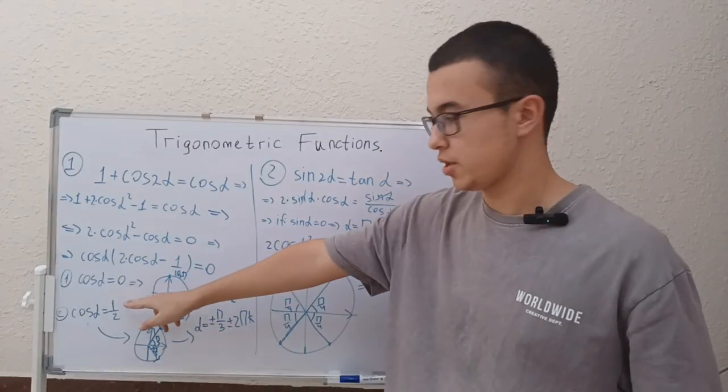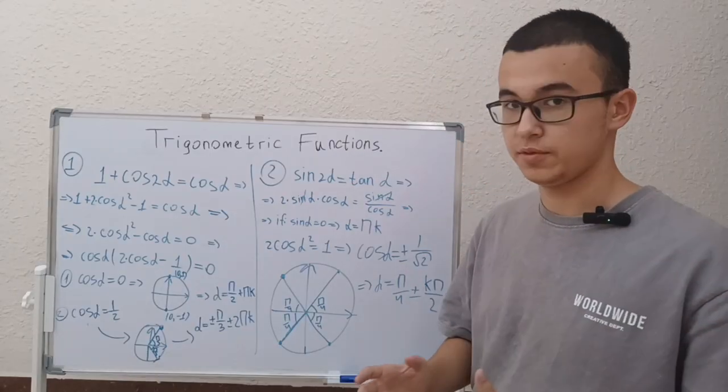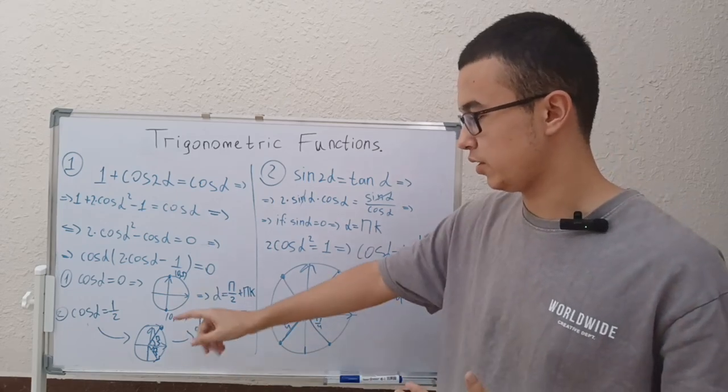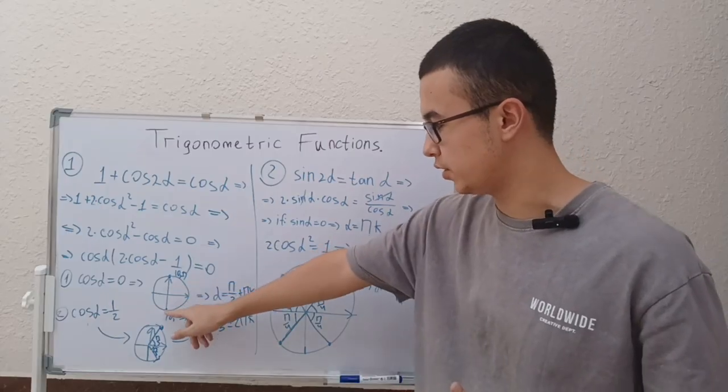In the case where cosine alpha equals 0, the x coordinate equals 0, and we have only 2 points where the x coordinate is 0. It will be here and here.